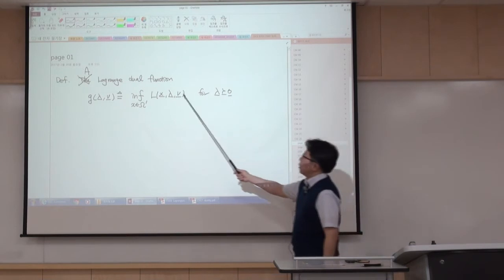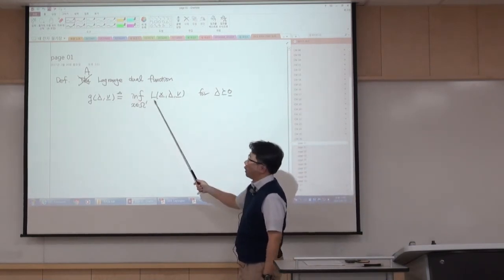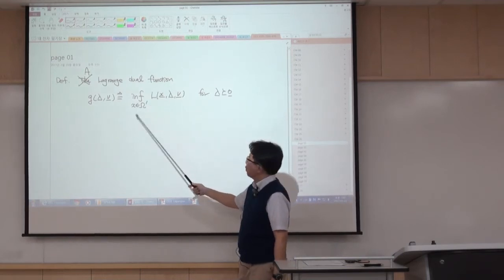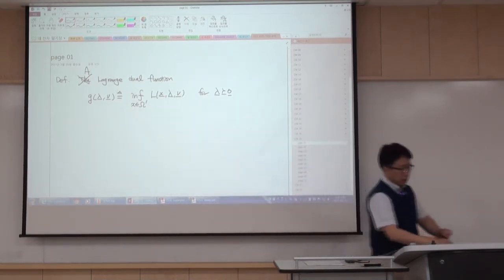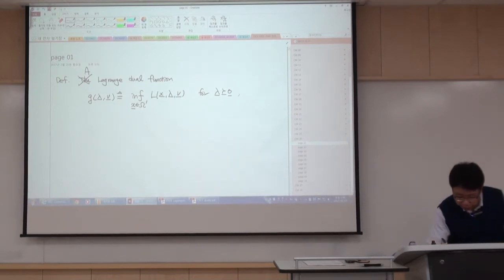So given lambda and nu satisfying this condition, we infimize the Lagrangian, where x is in some set omega prime that contains the constraint set.